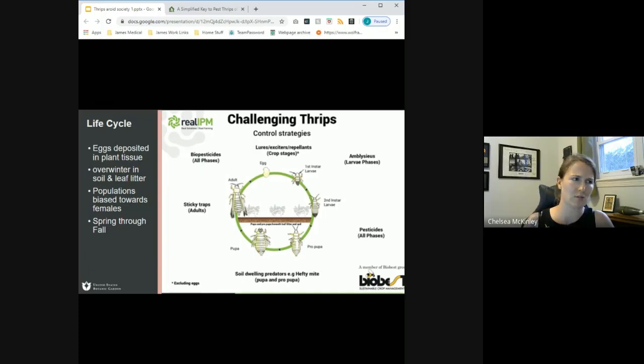Even in hydroponic greenhouses, thrips are still a problem, even with no soil whatsoever, even soilless media. That's because the pupae are just pupating on the ground, especially if there's not good sanitation, or they're pupating on the leaves and not all of them are falling to the ground.